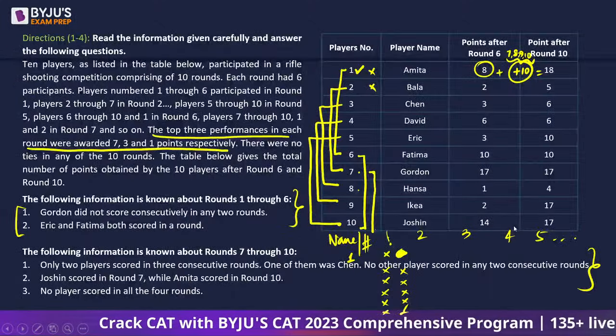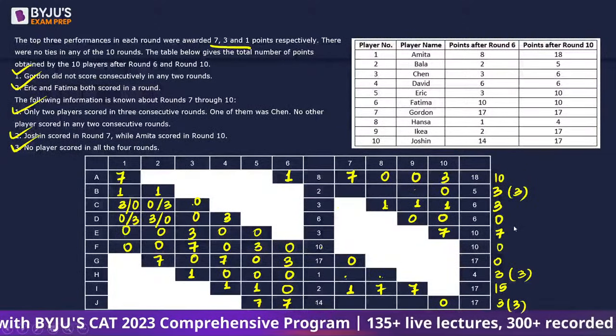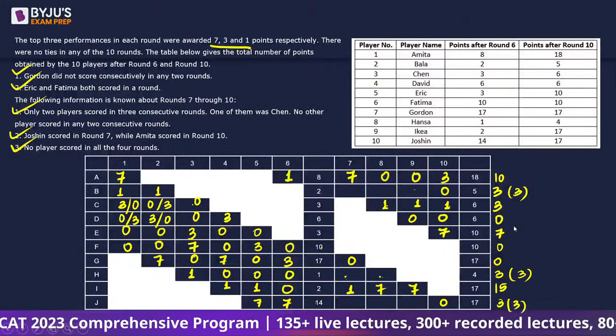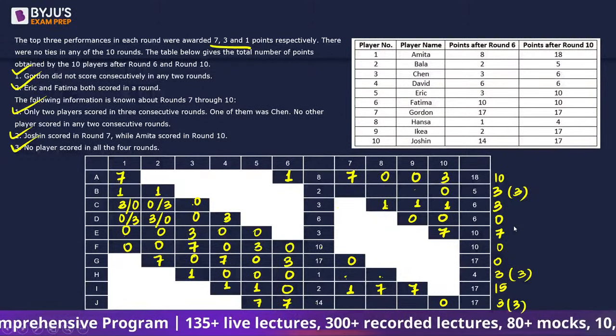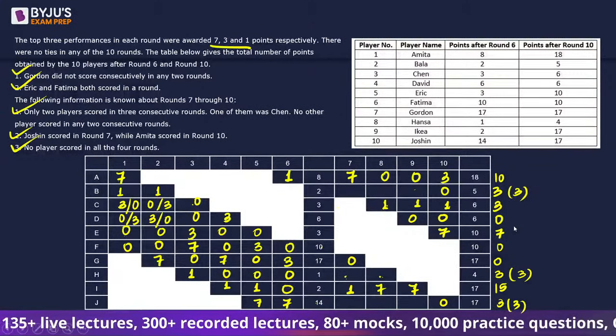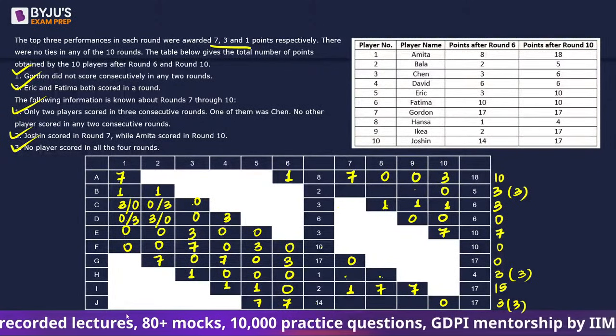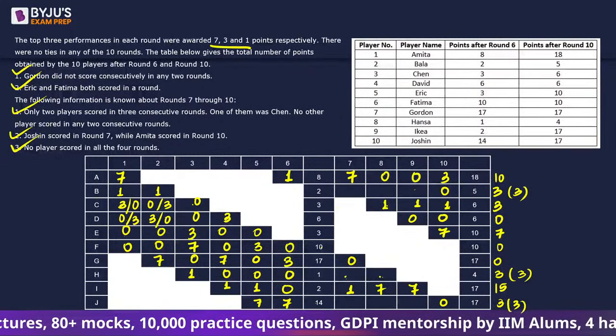Is there any more statement that we are missing? No. And since they are not supposed to score in any 2 consecutive rounds, so if we are supposed to put single 3s, तो ये तो ऐसे भी काम नहीं करने वाला, नहीं.